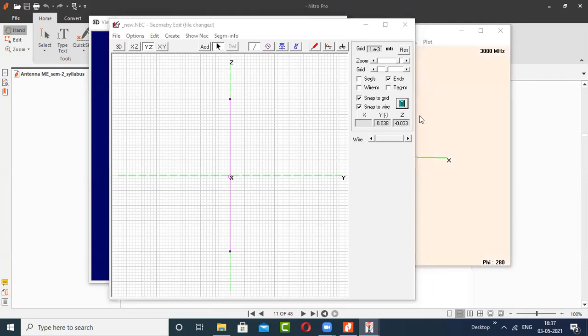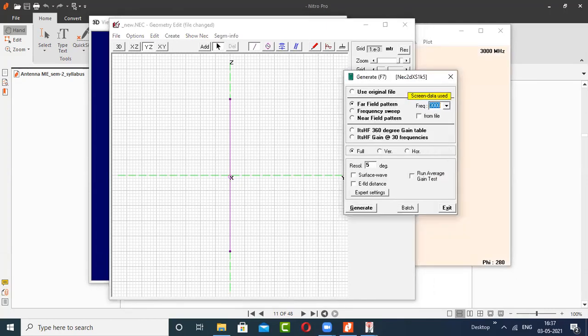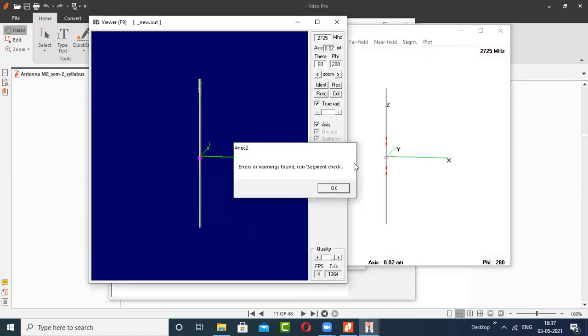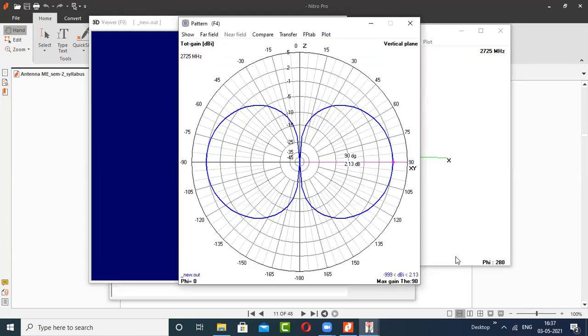So I will resimulate it for a radiation pattern. 2725 megahertz, generate. Okay, so can you see what is the gain of the dipole antenna? Yes, sir. It's same, right? 2.13. Yes, it is still 2.13. Yeah, same. Remember that the dipole antenna is not going to lose its radiation characteristic.